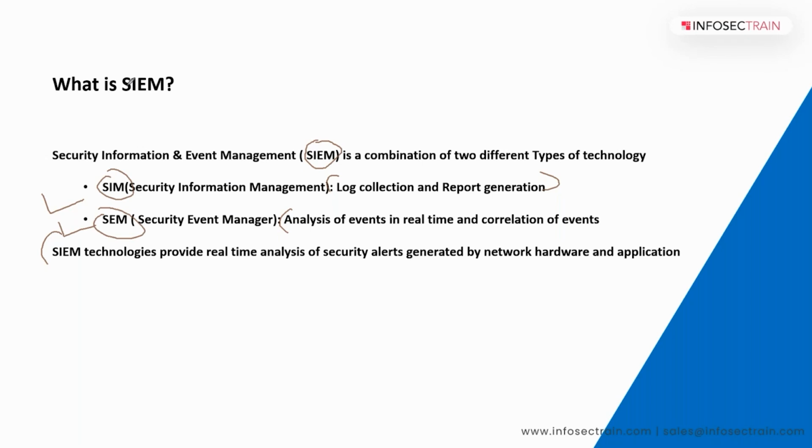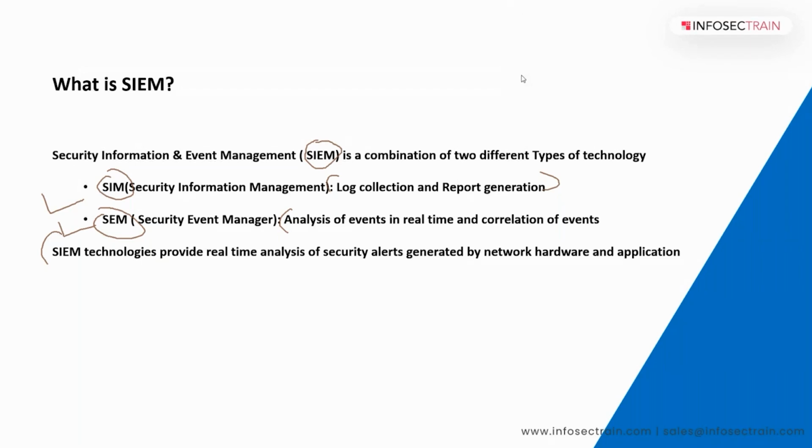Not only this, aggregation is also done: collecting more and more information from all the sources and generating a report. At the end of the day, we have to create a report. On that report we can do an investigation. The forensic investigation team will go into action after looking at this report. So that is your SIEM.